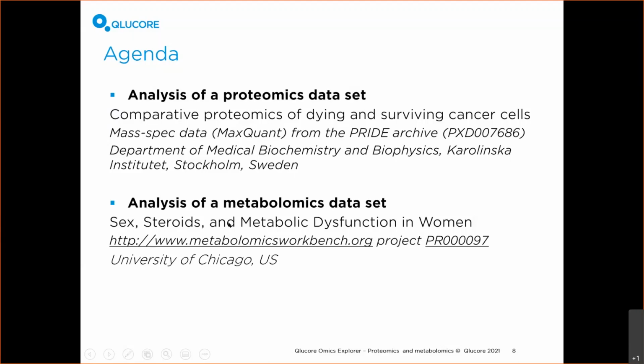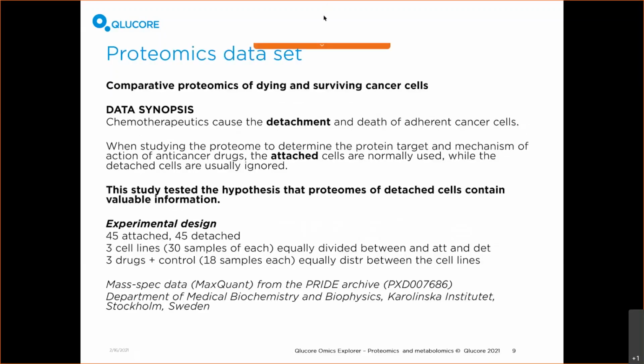And the other data set is the metabolomic data set called Sex, Steroids and Metabolic Dysfunction in Women. And that's also a public data set and published by researchers at the University of Chicago. So let's get started, and I will just shut my video like that.